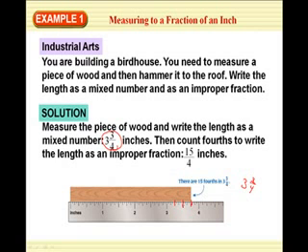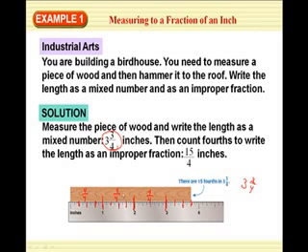Now, as far as an improper fraction, I always get the mixed number first, and then the improper fraction. You have 3 whole inches here. As far as fourths, there are 4/4 in the first inch, 4/4 in the second, and 4/4 in the third.